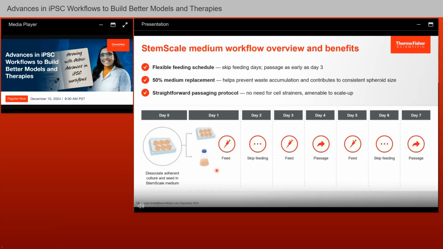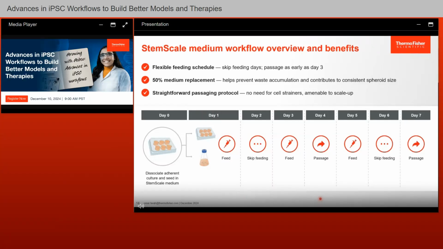And as these spheroids continue to grow over the next 4 days, we recommend utilizing a 50% medium replacement strategy every other day in order to resupplement the media with the nutrients that are needed so that the cells are well supported, but also to remove any metabolic waste that is accumulating and maintain a constant volume of your culture. That's going to be important to maintain a homogeneous size of your spheroids as well.